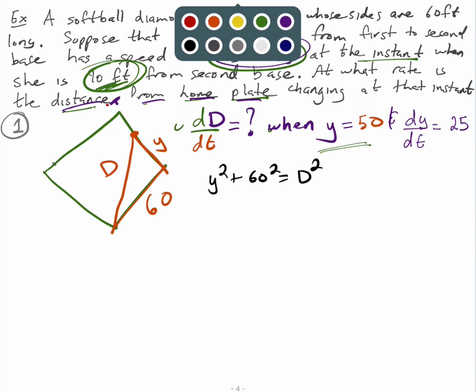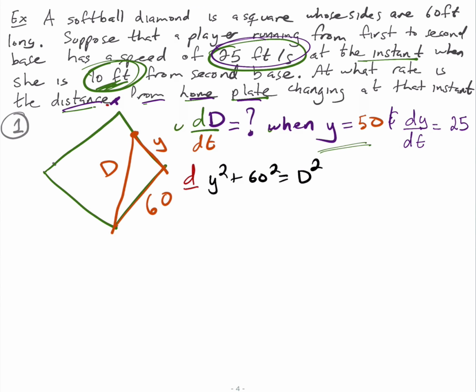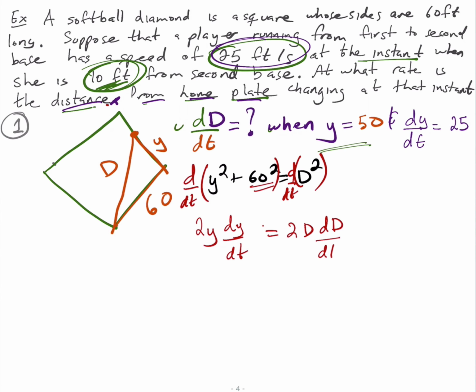And then if I take the derivative of both sides, what would I get? 2y dy over dt plus 0, right? Okay, equals 2d dd over dt.